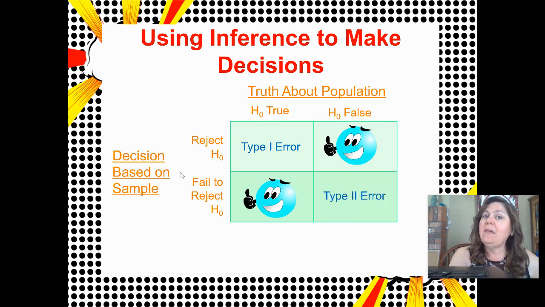But we could also make a second type of error, and they call it a type 2 error. So you need to keep these two straight. Type 1 is we rejected it when we shouldn't have. Type 2 error is that we failed to reject it, but in reality, it should have been rejected. It was false, but we just didn't have significant evidence to do that.